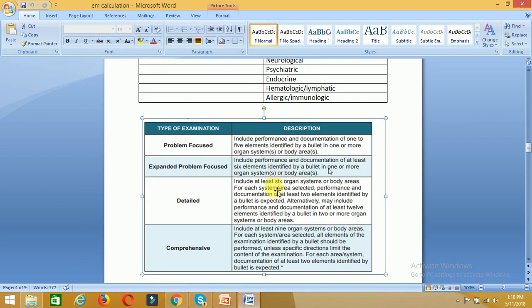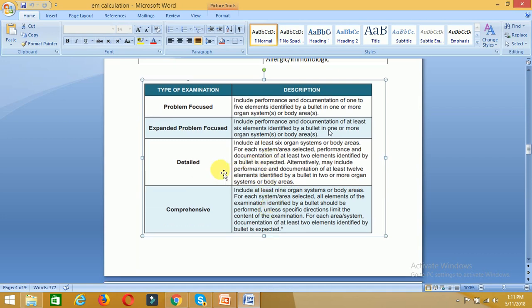For EPF and detailed we need 6 elements. For comprehensive we need at least 9. So 7 means either we can take EPF or detailed. Because 6 systems are enough but we have 7, we can take either EPF or detailed. So I am taking detailed, because I have got the detailed HPI. So our physical examination will be a detailed physical examination. So far I have got detailed HPI, detailed physical examination.